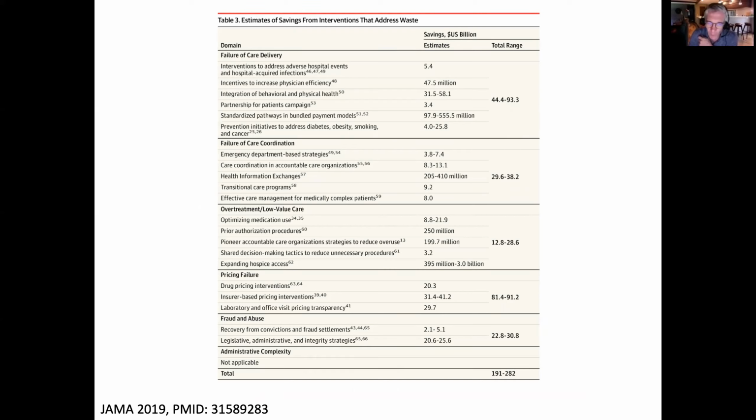But when you work your way to the bottom of this screen and see administrative complexity, you see a simple "not applicable," meaning the authors of this study could not find a single well-conducted trial that was explicitly intended to address administrative complexity in the classic sense, in terms of how complicated it is to submit a bill, how long doctor's notes have to be, etc. So we've just not really come up with a good way to tackle this problem yet.